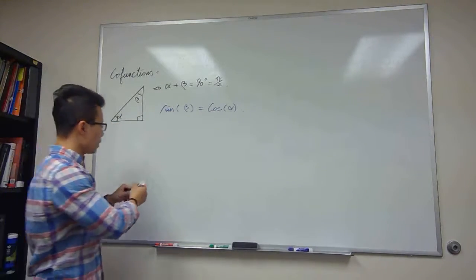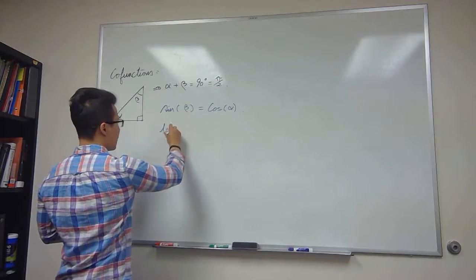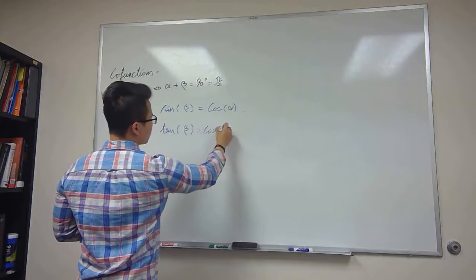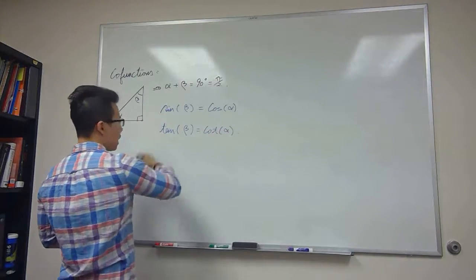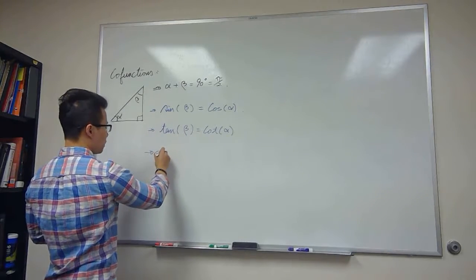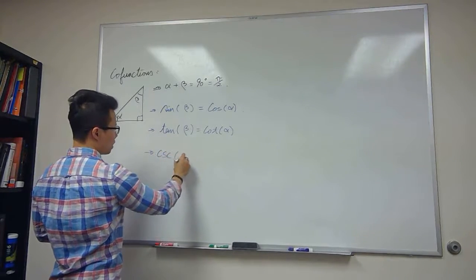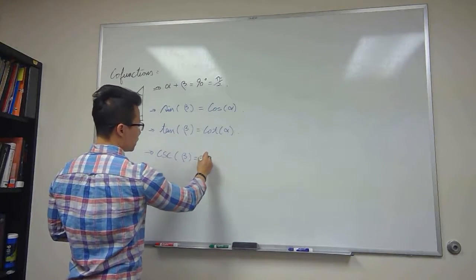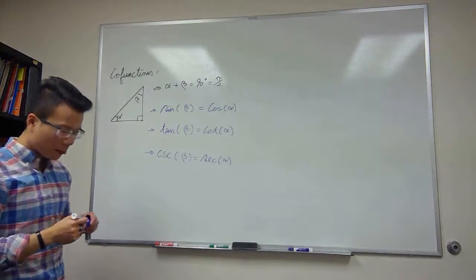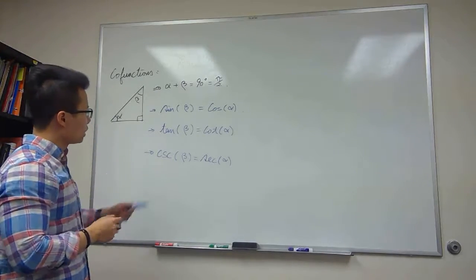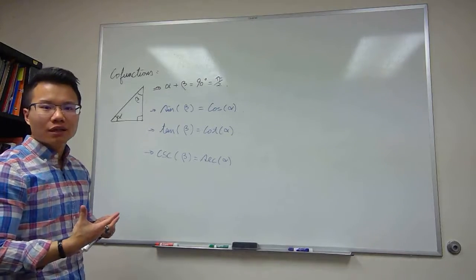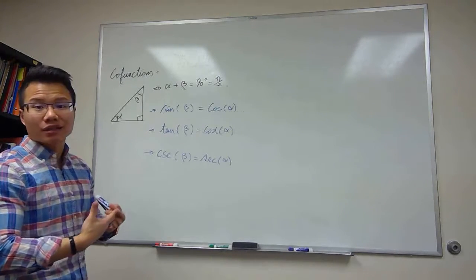The same thing, there's another pair: the tangent of beta equals the cotangent of alpha. And later on, we have our third one, which is the cosecant of beta equals the secant of alpha. As you can see from this relationship, alpha and beta have to add together to make 90 degrees.